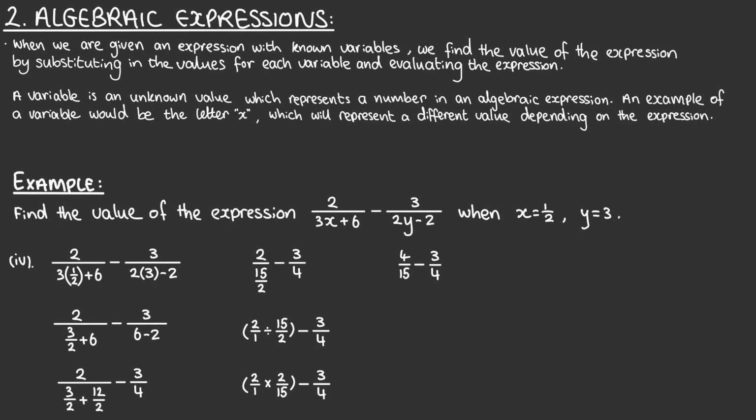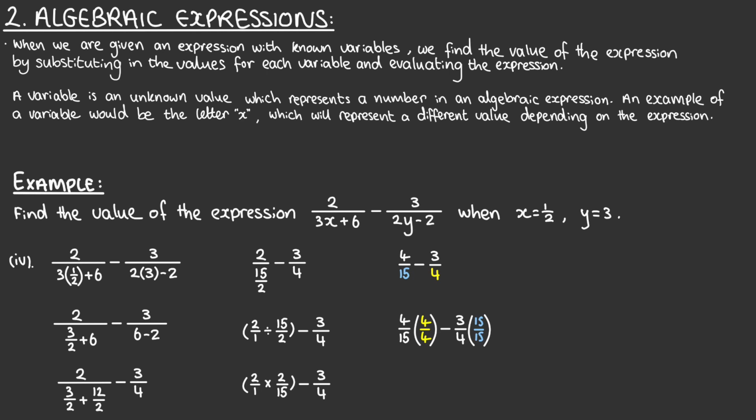Now in order to subtract 4 over 15 by 3 over 4, the two fractions must have the same common denominator. So we can multiply each fraction by the denominator of the other fraction divided by itself in order to scale up the denominators so that they are equal to each other.